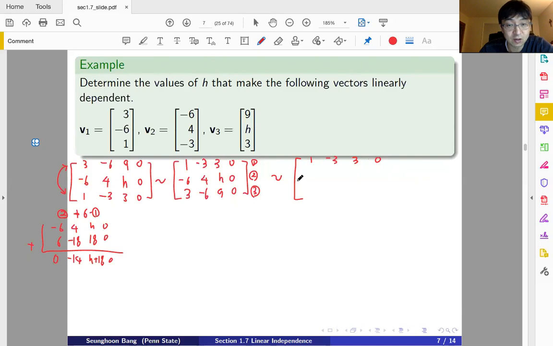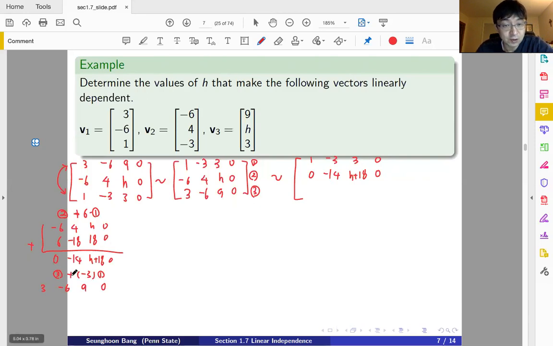What's the second one? 0, -14, h plus 18, 0. Next, eliminate 3. How can we do that? The third row plus -3 times first row. The third row is 3, -6, 9, 0.